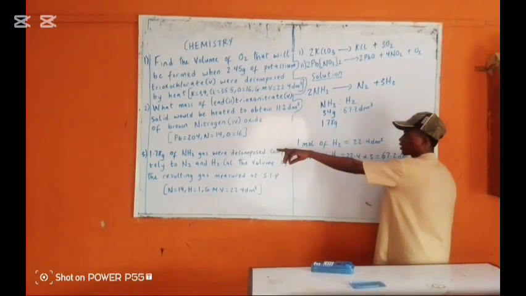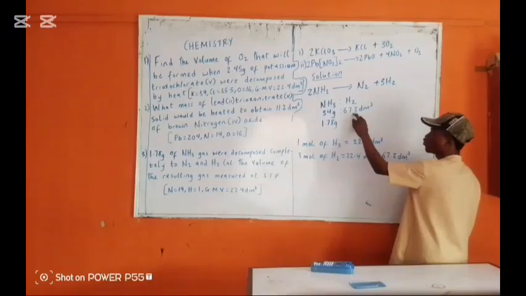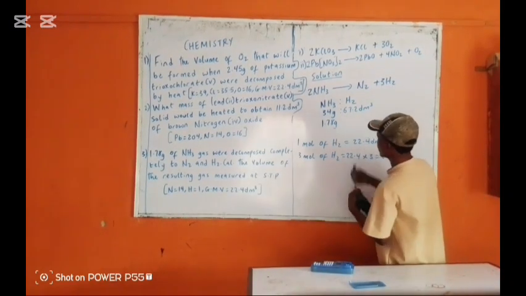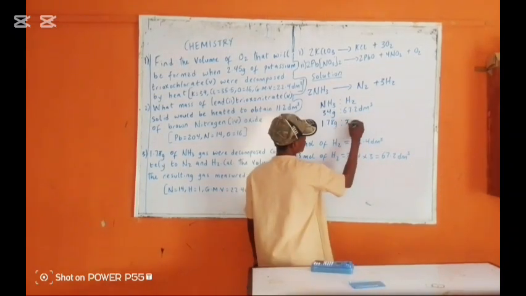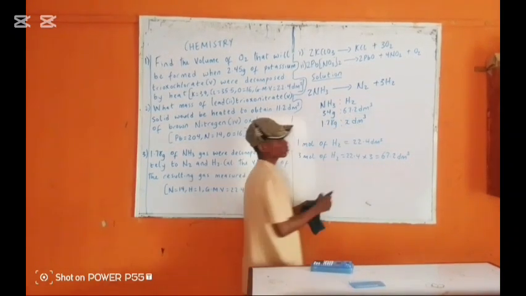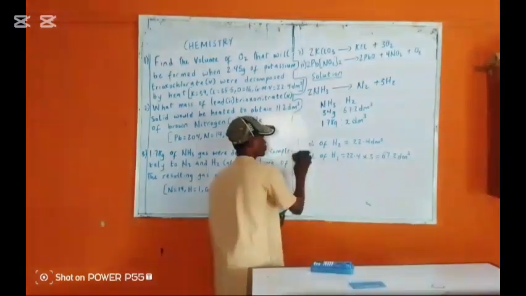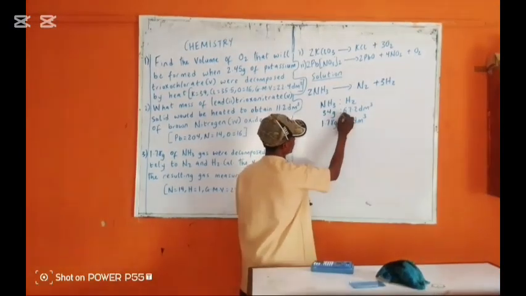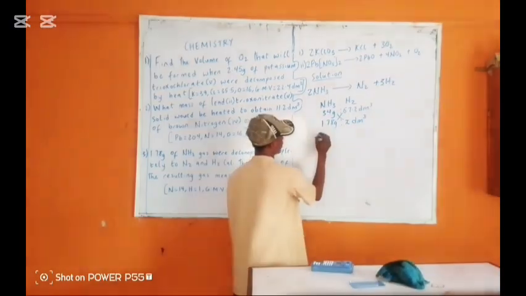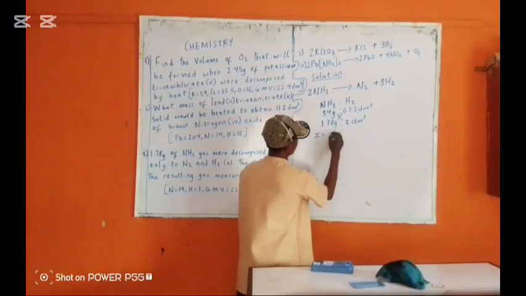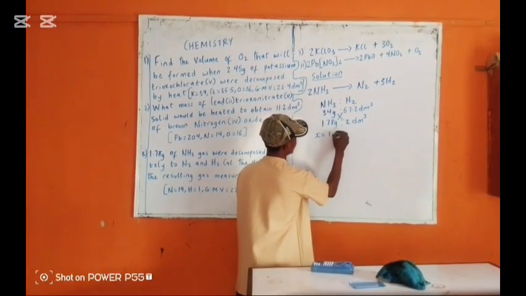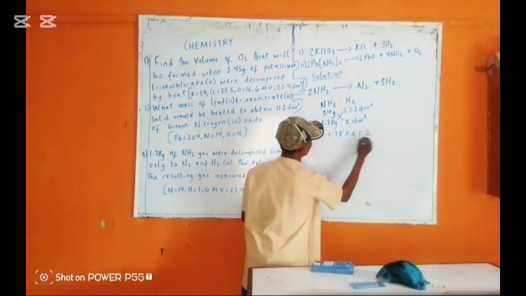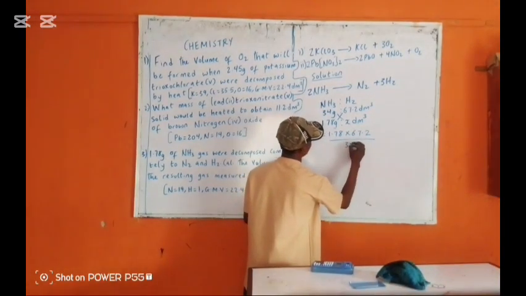So if we now make use of 1.78 gram, how much volume of H2 do we produce? That is X dm cube. Let's continue. The next thing here is to cross multiply. So we have x equals 1.78 multiplied by 67.2 over 34.